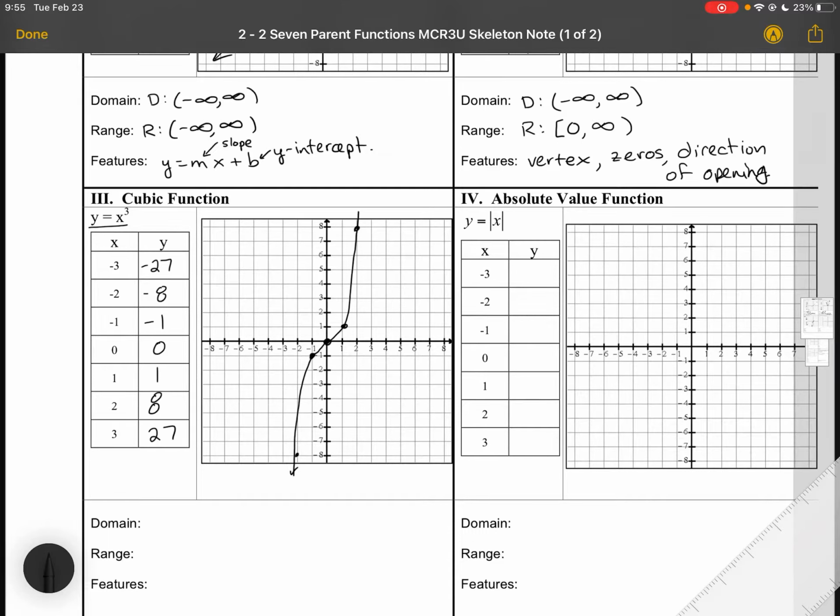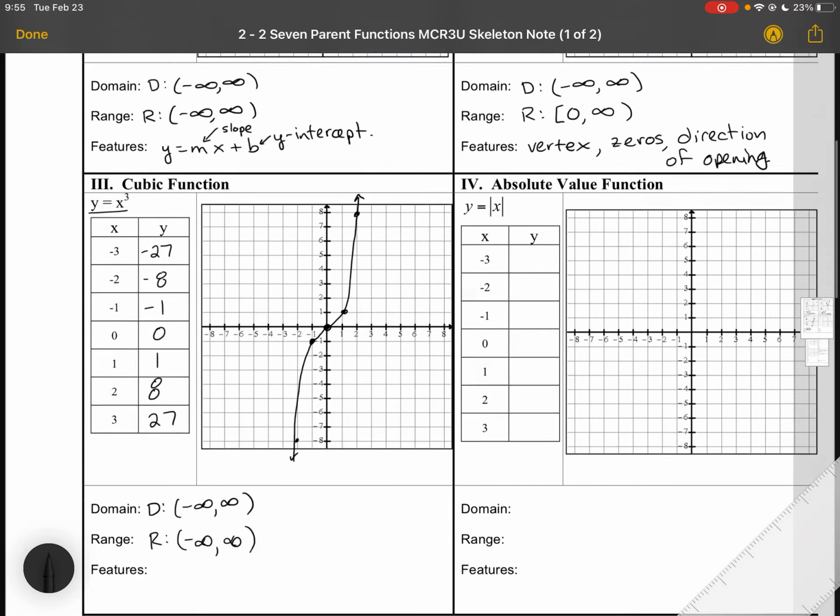And we can connect those points. So our domain, again, just like the previous two, is all possible x values, so from minus infinity to positive infinity. And our range is going to be the same, minus infinity to positive infinity. We don't have any values that give us any trouble.